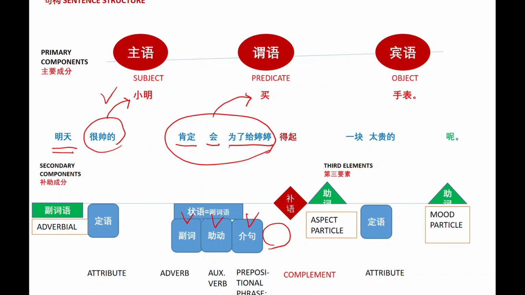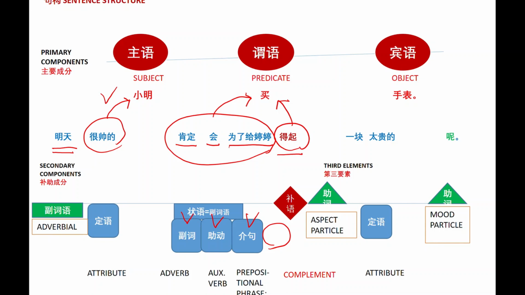Now, let us check after the verb, the action, followed by other components and elements. 补语, complementing the verb: 买得起. 得起 means can afford or be able to.